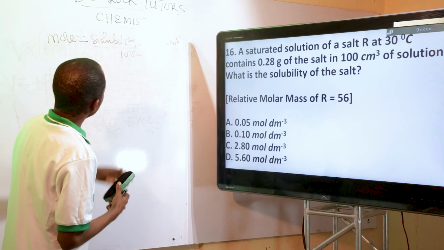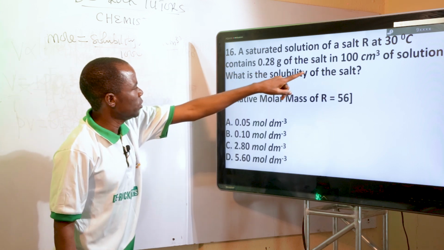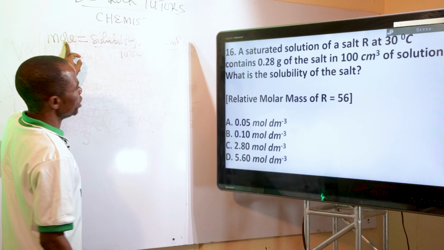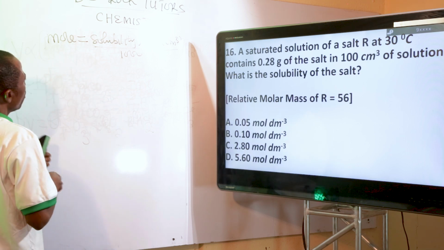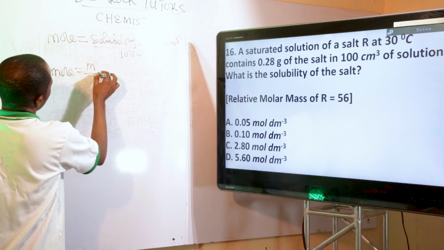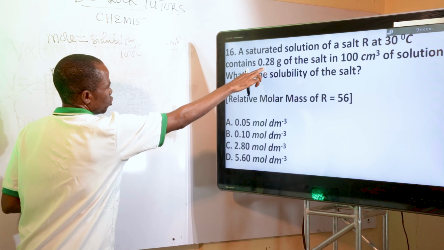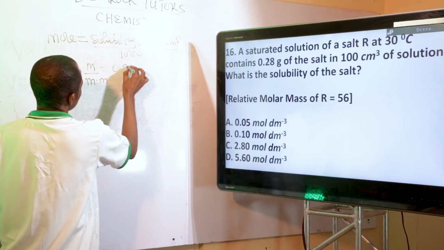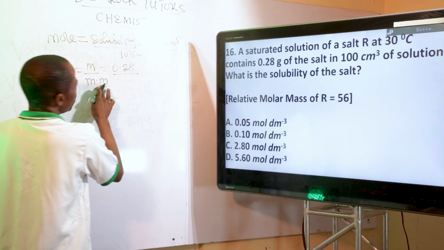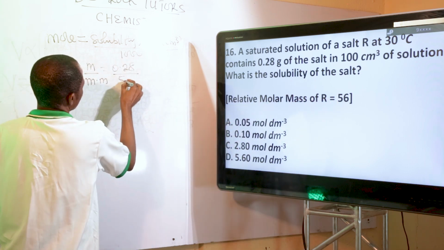So, what we are looking for now is solubility. We have been given the volume to be 100 cm cube. What we need to calculate now is the mole. And we know that mole is mass over molar mass. The mass of the salt has been given to be 0.28, all over the molar mass of the salt, which is given to be 56.